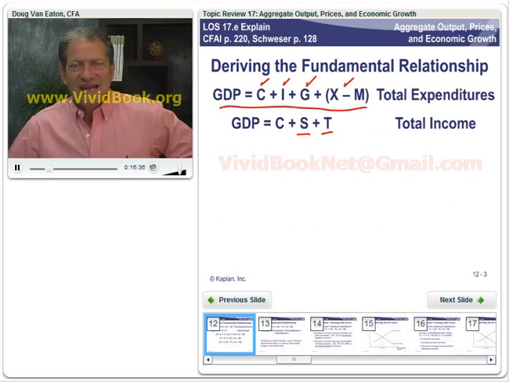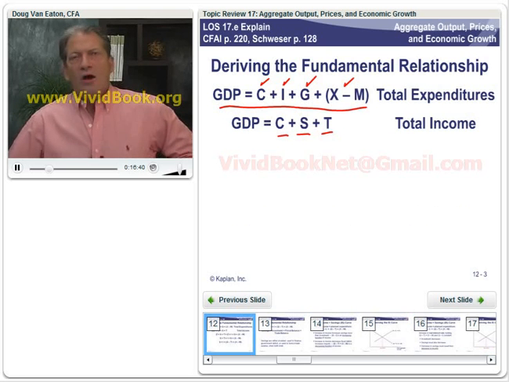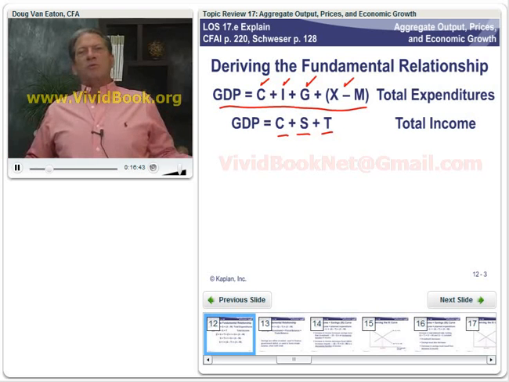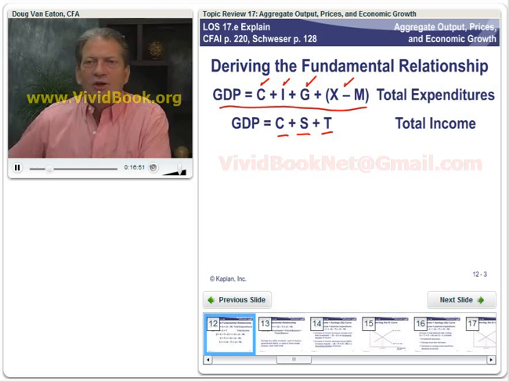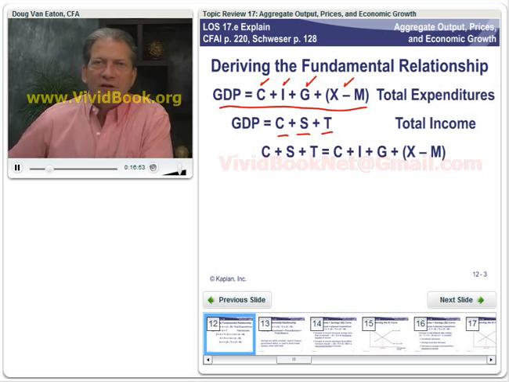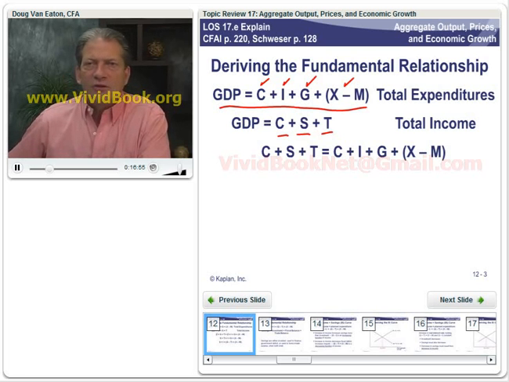We've got savings by consumers, and we've got consumer spending. So, of all the GDP, what do people do with it? Well, they either consume with it, or they save it, or they send it off to the government in the form of taxes. So we're going to take these two and we're going to put them together and cross out those C's, they're going to cancel out.